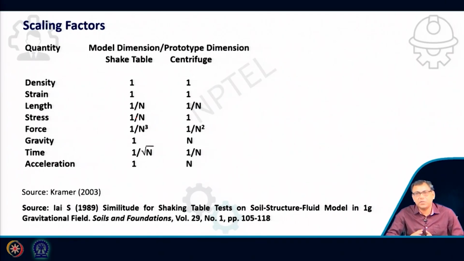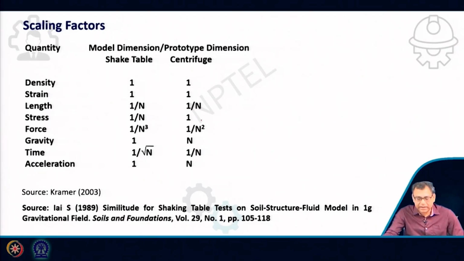But if you make a model as big as possible, close to your prototype, then these limitations will be reduced. Now you can produce a stress which is close to the actual prototype stress condition. But in most cases it is not possible inside the lab. That's the problem in shake table tests, where we cannot produce the same stress level inside the lab.